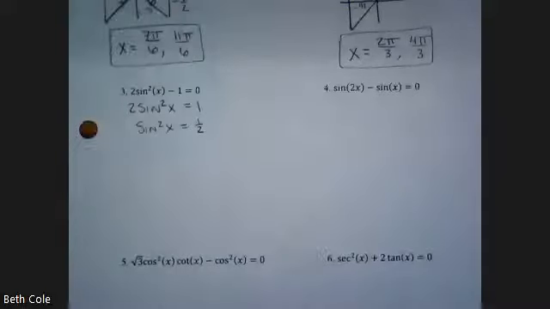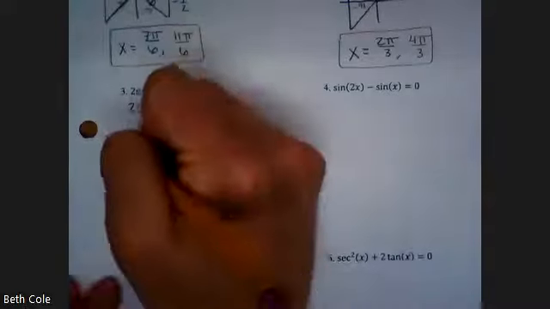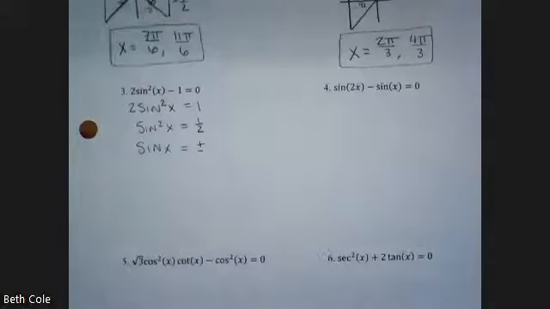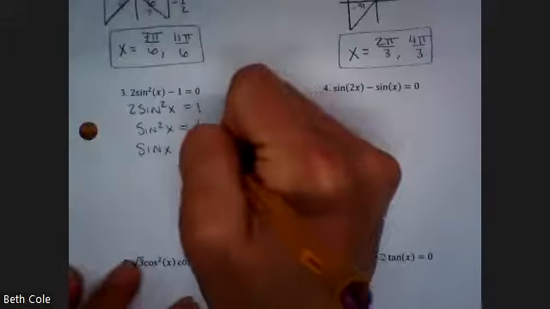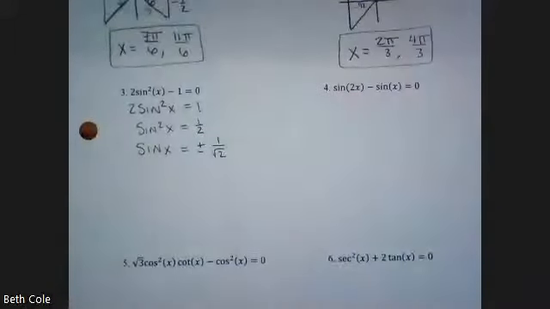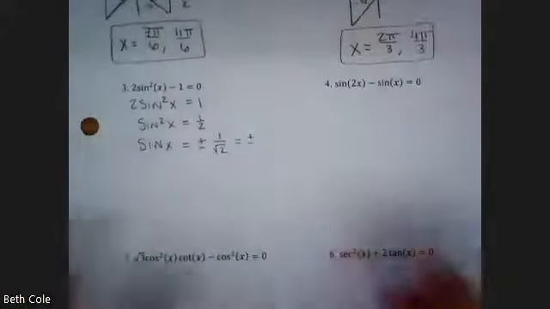When you put a square root, what do you have to put in front? Plus and minus. Okay, so it's going to be sine of x equals plus and minus square root of 1/2. Okay, square root of 1 is 1. Square root of 2, square root of 2. Without a calculator, I don't know exactly what that is. And then that would equal plus and minus what?